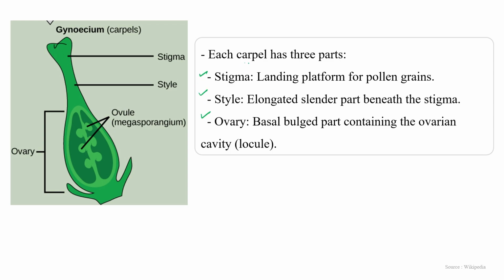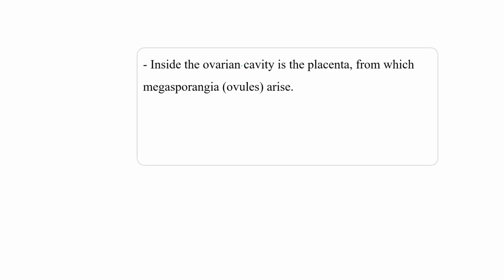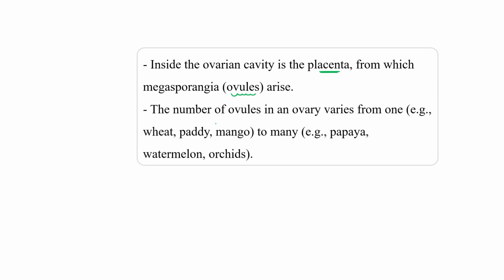Each carpel we can further divide into three different subparts. Inside the ovarian cavity there is a placenta from which the megasporangium or ovule arises. The number of ovules in an ovary can vary from one to many.